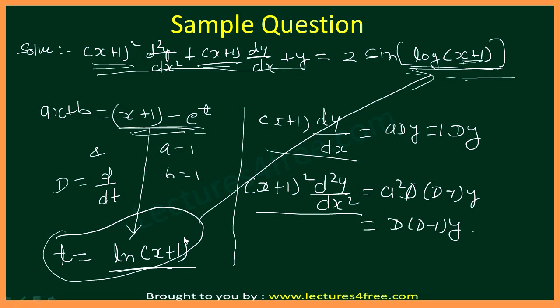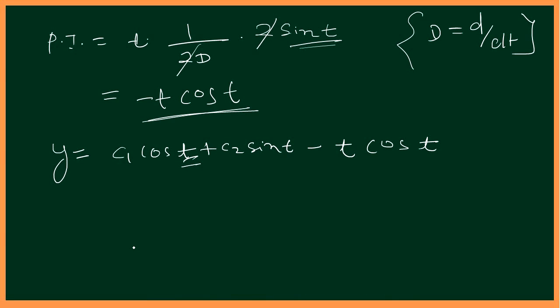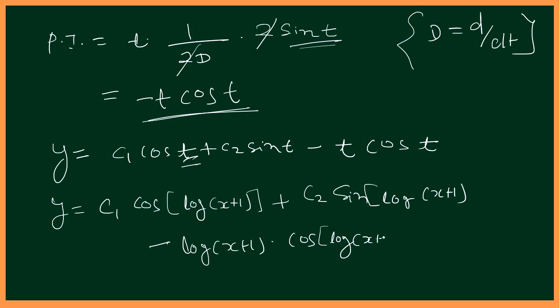So replace t with this, and we will get the answer: y is equal to c1 cos of log x plus 1, plus c2 sin of log x plus 1, minus log x plus 1 into cos of log x plus 1.